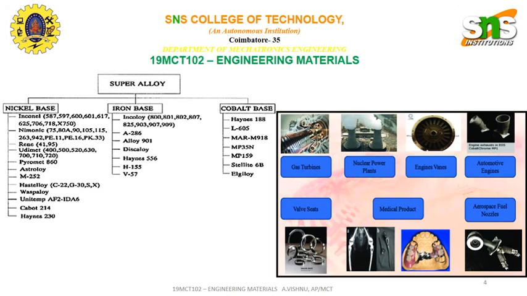And for the application, these superalloys have a wide area where robust, high precision and very high temperature withstanding performance is required, such as gas turbines, nuclear power plants, engine vanes, automotive engines, aerospace nozzles, medical products and valve seats.